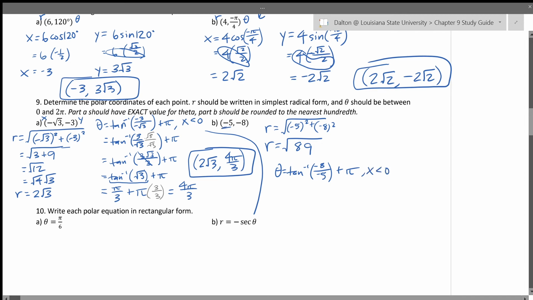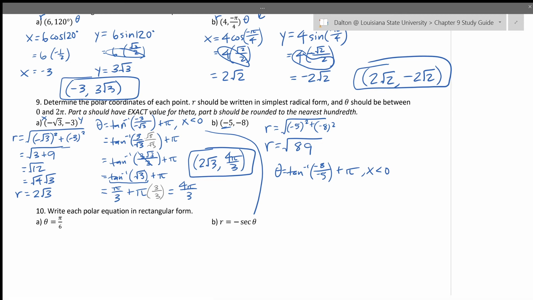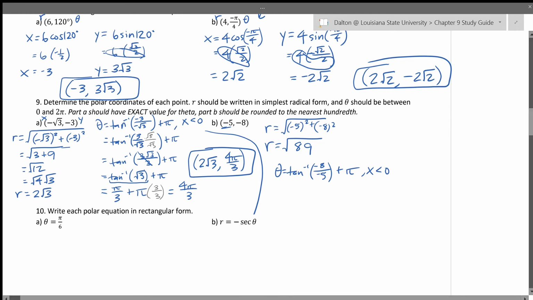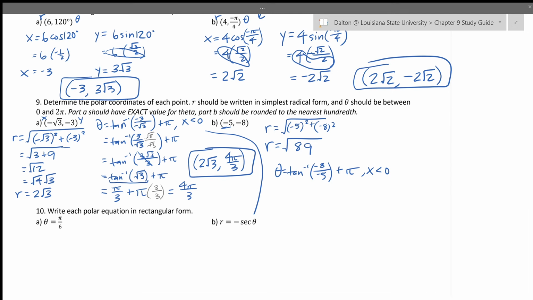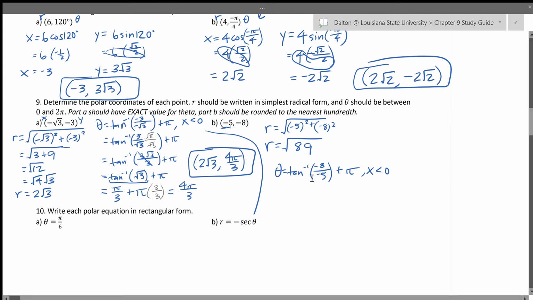X is negative 5. So because you're allowed to round to the nearest hundredth for this part, you're going to type this into your calculator exactly as you see it. Second tangent of negative 8 over negative 5, or you could do positive 8/5 if you want. Close parentheses and then add pi. Your calculator needs to be in radian mode for this because I'm telling you theta should be between 0 and 2 pi, which indicates we're in radians.